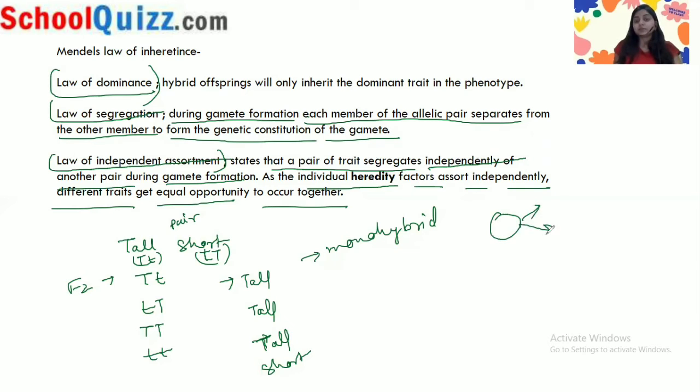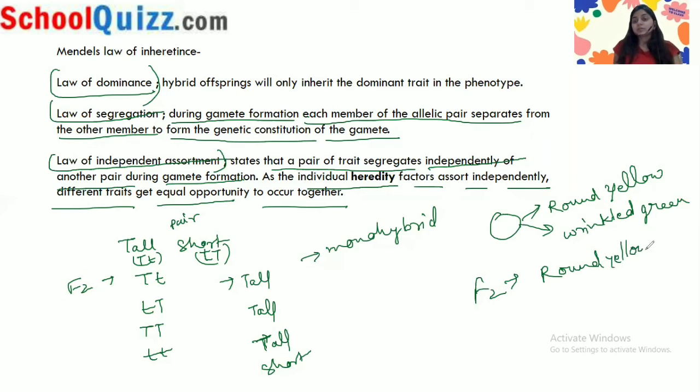We have two traits here, that is round and yellow, and wrinkled and green. In the F2 generation, what have we found? We have found round and yellow, round and green.